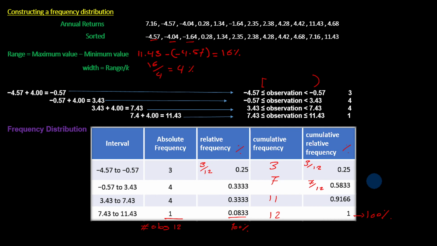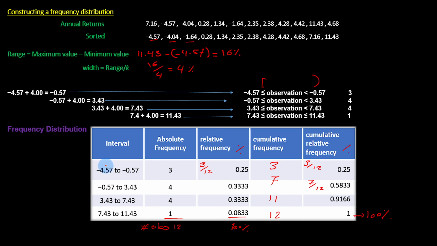And one last point to make the frequency distribution concept complete is that here we are using minus 4.57 because that was our first observation. But you don't have to use the exact number. You can round it actually, because working with decimals like that might sometimes be difficult.